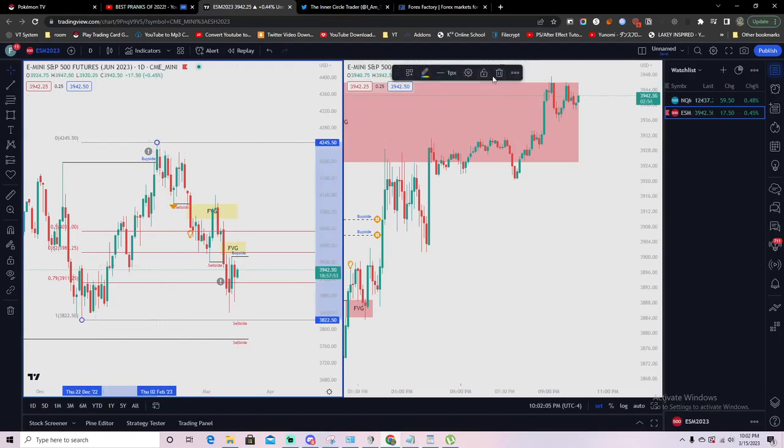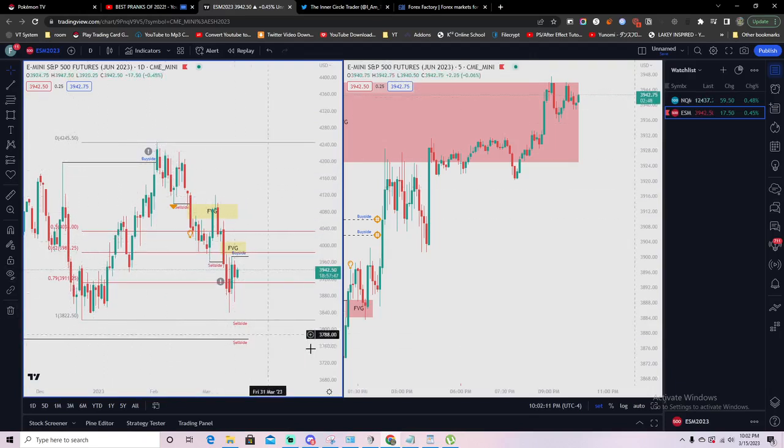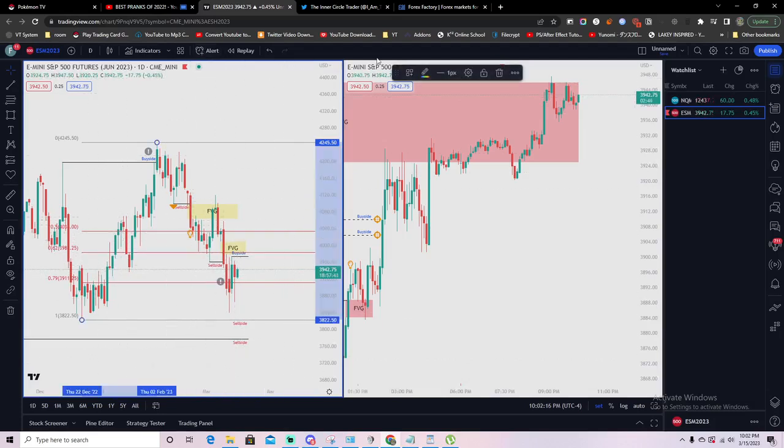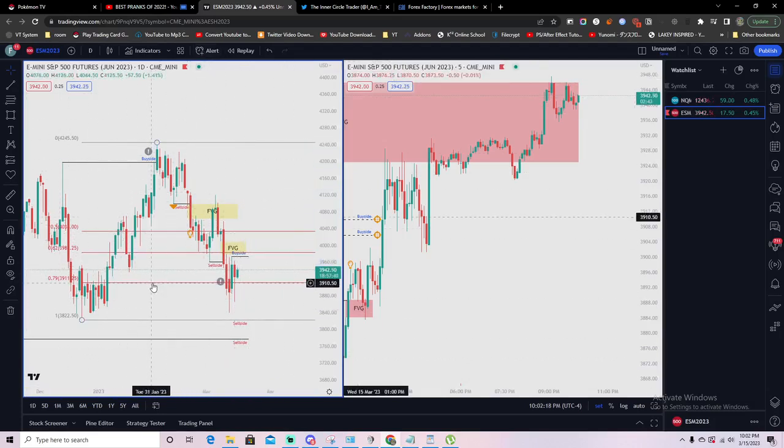When we move from discount to premium, this is pretty much an optimal trade entry. We're obviously in a discount. If we look at this price leg from the low to high, we can see that we're below the half point, or the 50% mark, which is discount. So what we usually expect is price moving discount, premium, discount, premium.